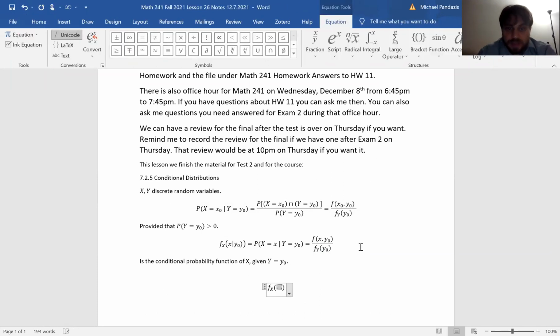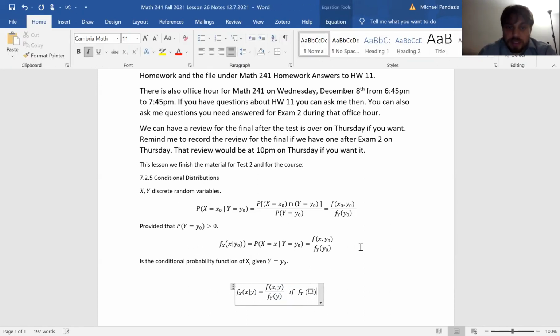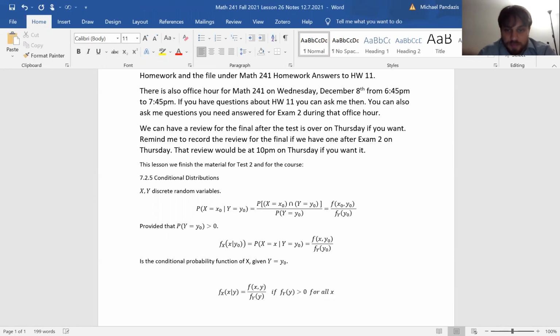So f sub X given Y of x given y is equal to f of x comma y divided by f sub Y of y. And this is if f sub Y of y is positive for all x.